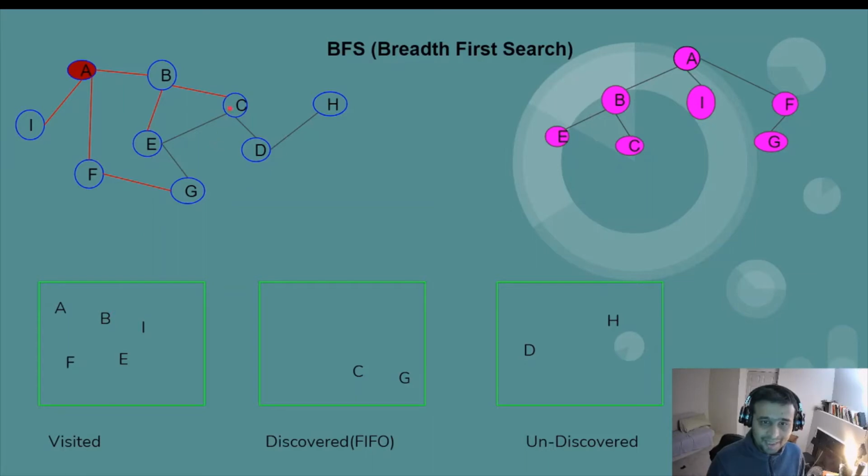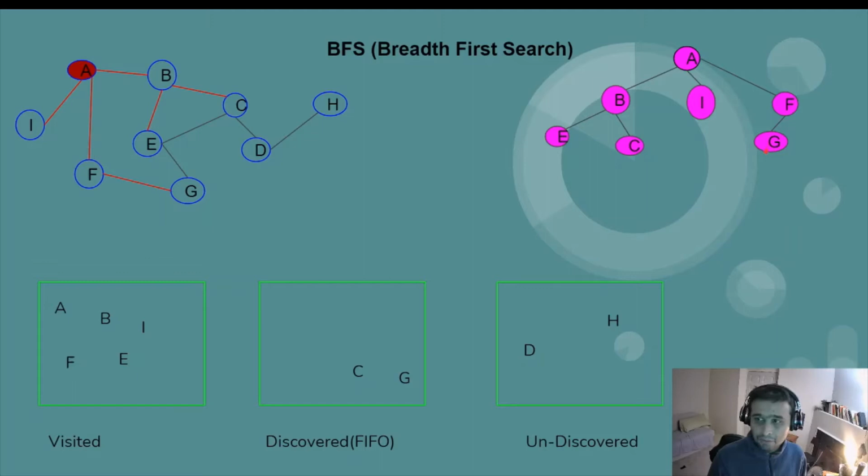One is C, which is discovered already by B, and another is G, which is also discovered by F. You can refer to this tree. By referring to this tree, you will know which node discovered which node.